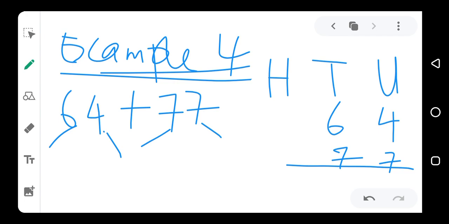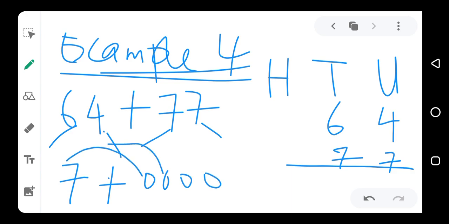Now it says 7 plus 4. We have 7 plus 4. 1, 2, 3, 4. So it becomes 8, 9, 10, 11. So 7 plus 4 is 11. 11 is 1, 1. So we write 1.